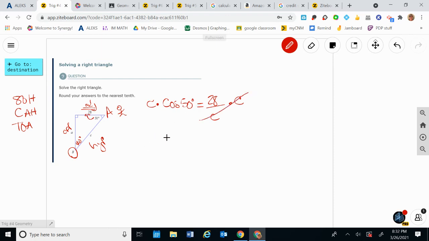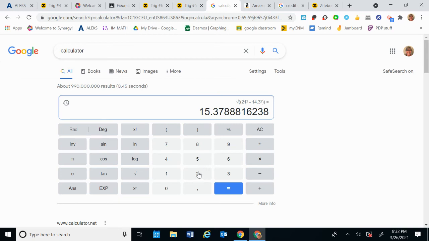Divide both sides by the cosine of 50. Okay, so C is equal to 28 divided by the cosine of 50.